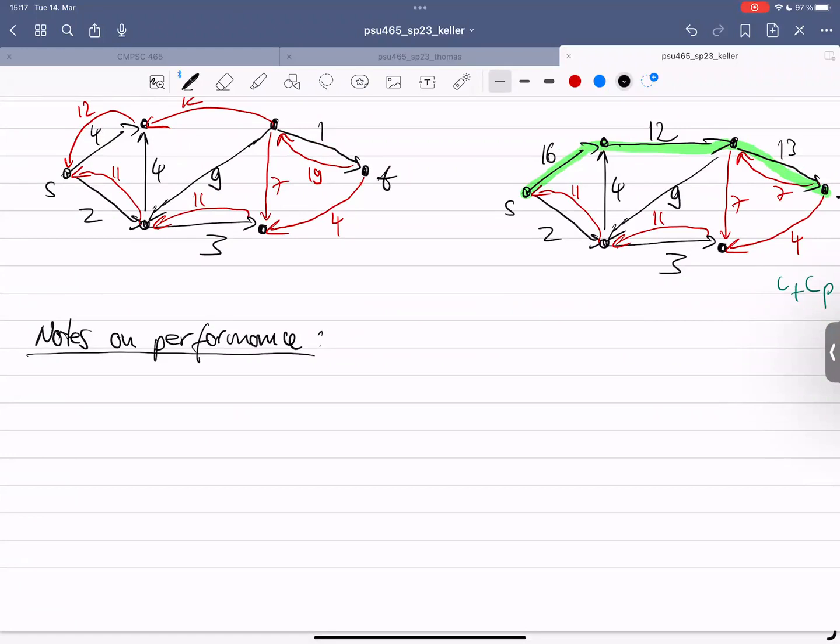So by how much does it increase in each iteration? Any idea? Yeah, the residual, exactly. CF is the residual capacity of the current augmenting path.